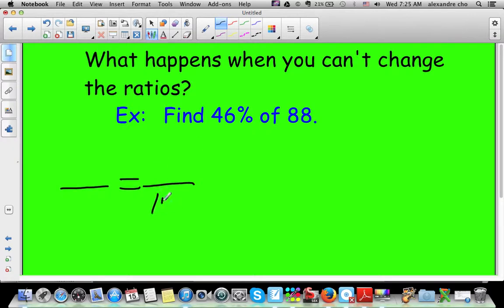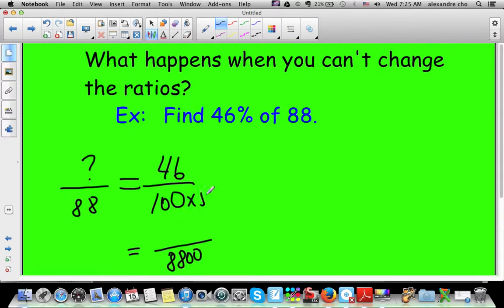So 100 goes here, 46 over here, and you have $88. So you have $88 and you spend 46%. How much would that be? All right, listen. Is there a relationship? Can I find one? You know what? Honestly, I can. I can make this times 88 and make the bottom 8,800.